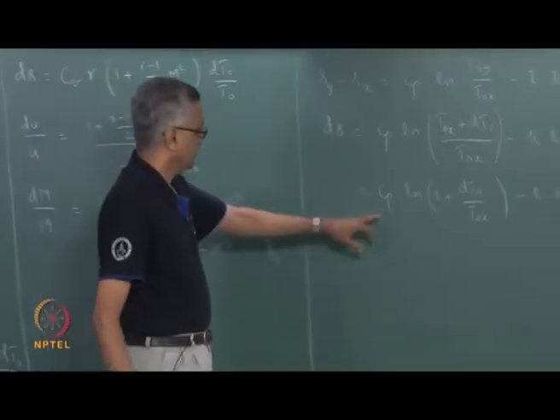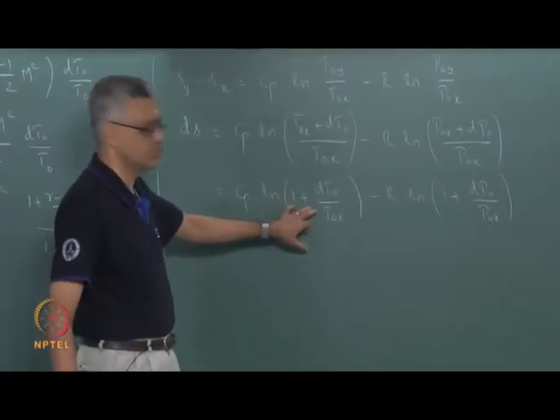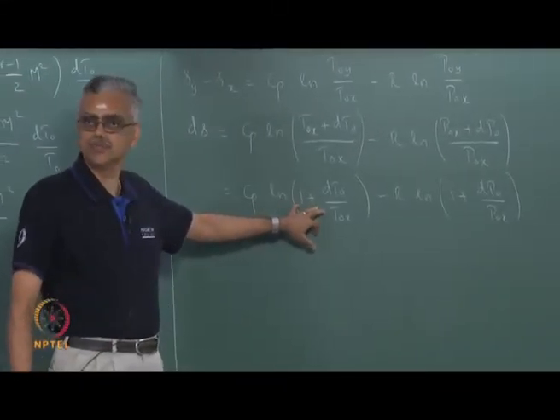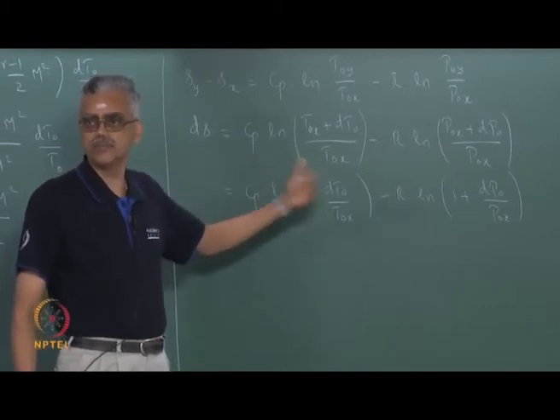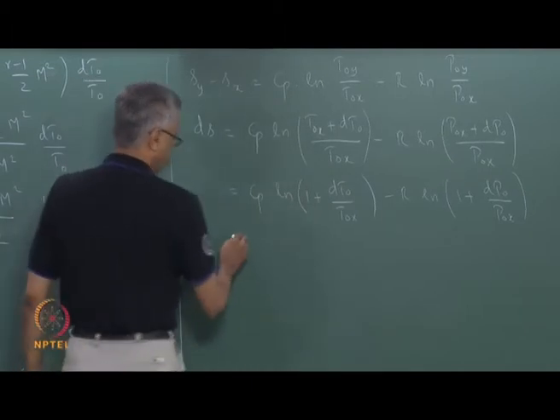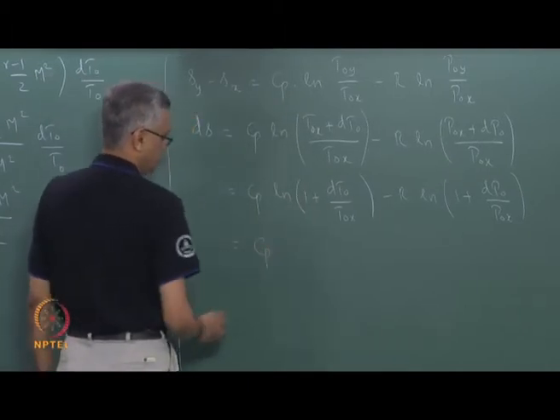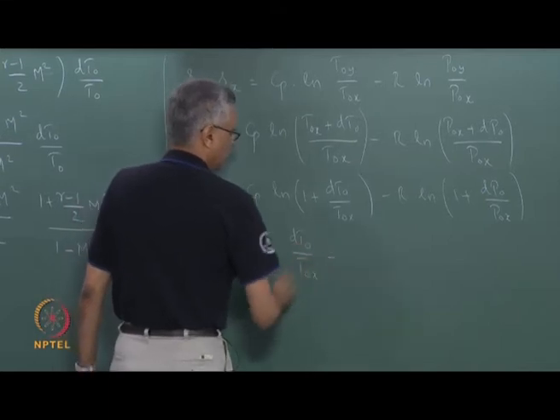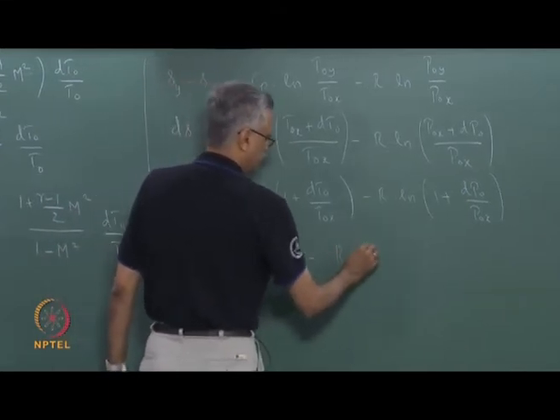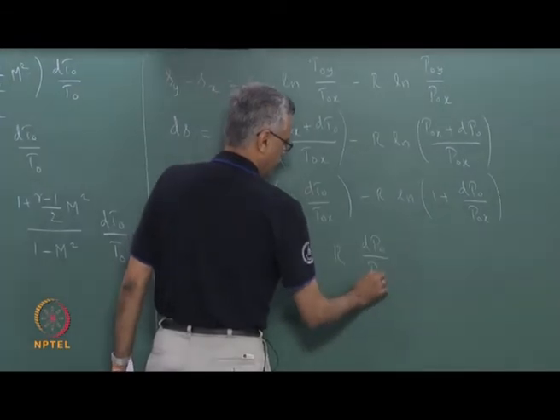I can expand the natural log of 1 plus a small quantity. Remember, dT0 is a small quantity. So natural log of 1 plus epsilon can be expanded in a power series and approximated very well like this. So this is Cp times dT0 divided by T0x minus R times dP0 divided by P0x.